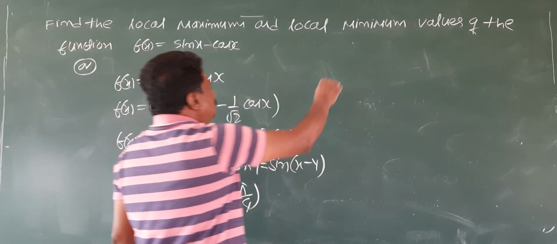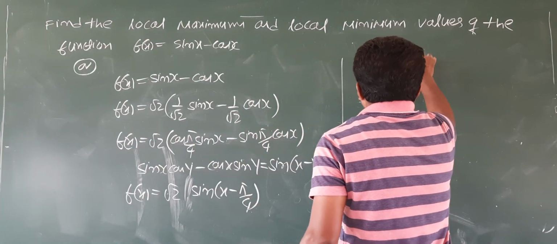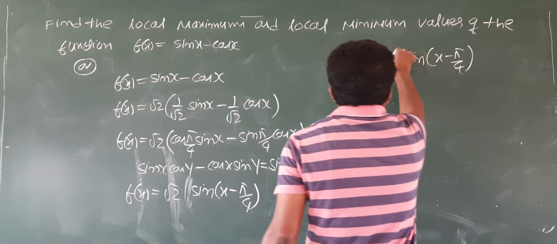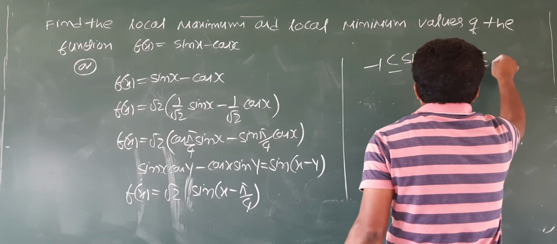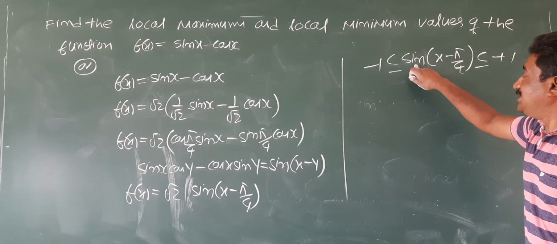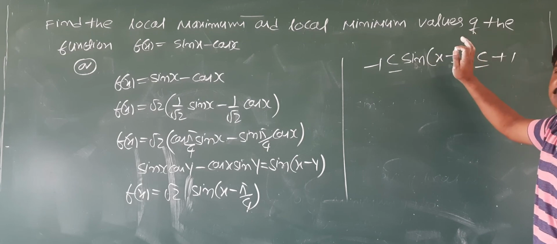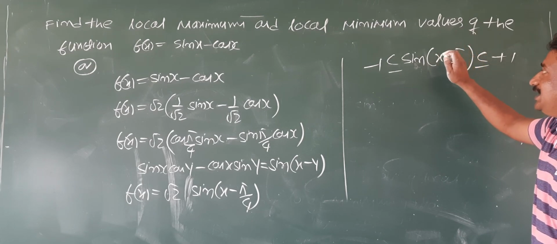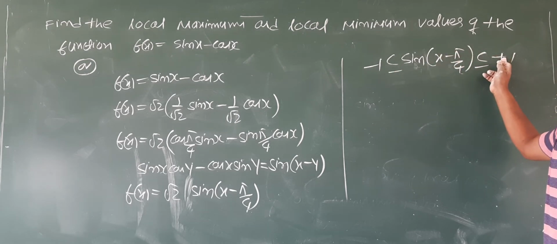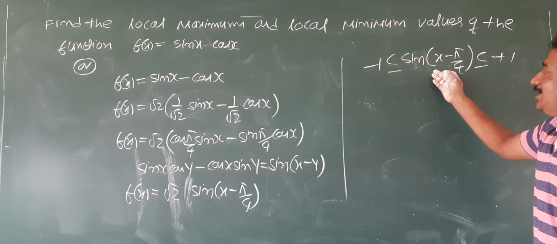So we have this one, students. Sin x minus pi by 4 lies between minus 1 and plus 1. What is the range of sin theta? Whatever this theta is, sin theta must lie between minus 1 and plus 1. From this it is so clear.